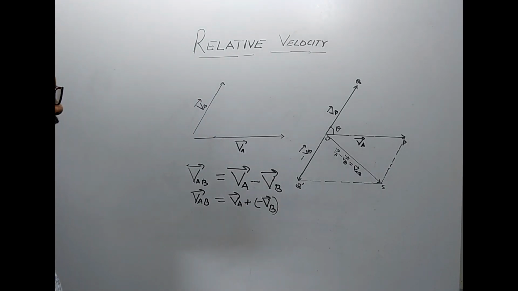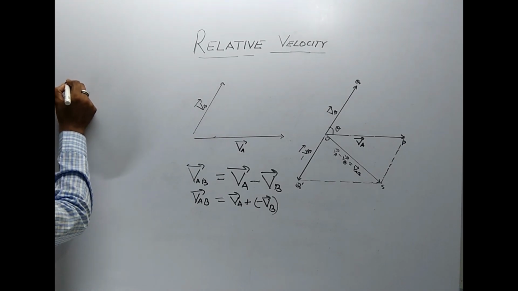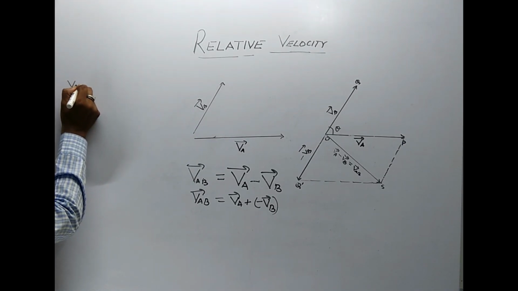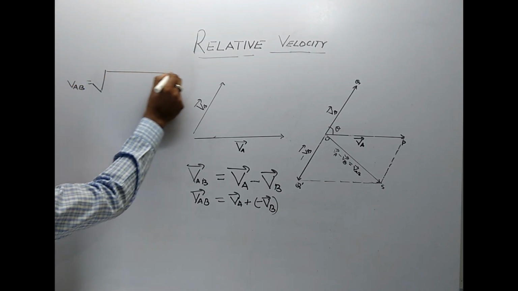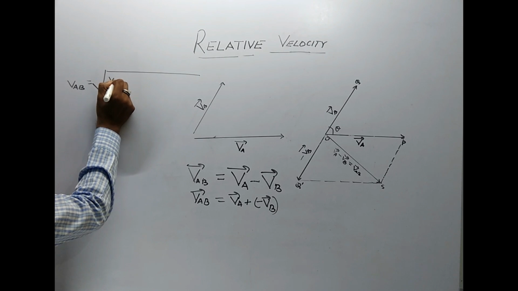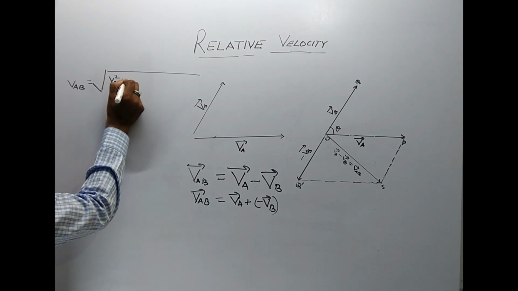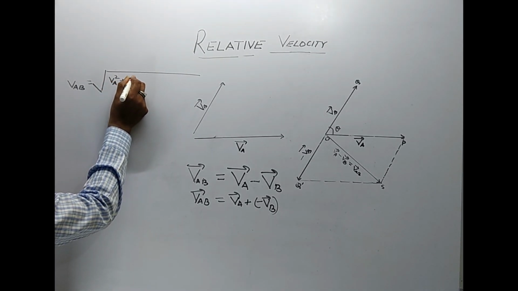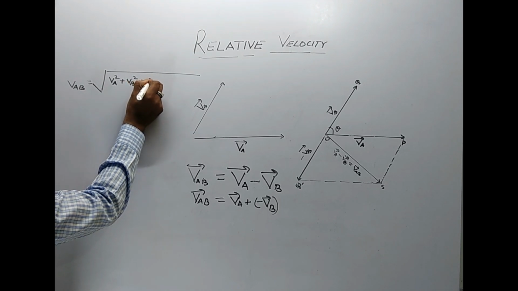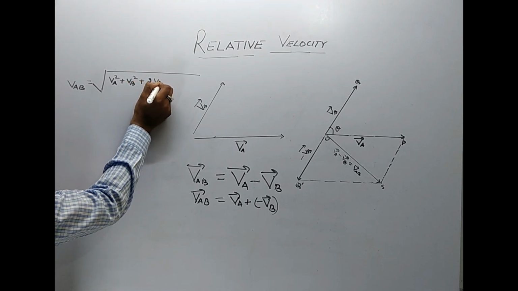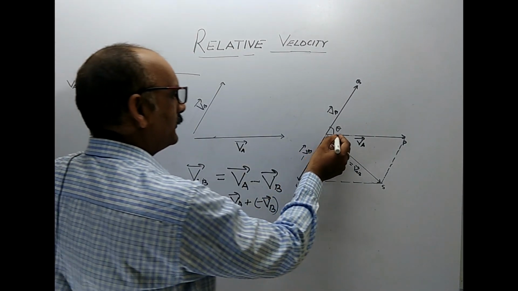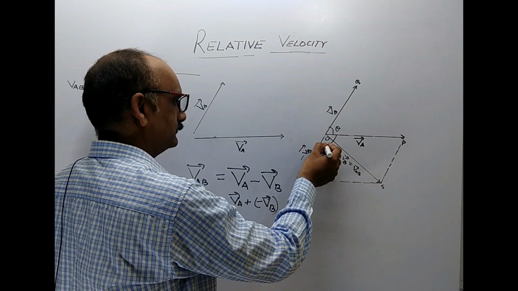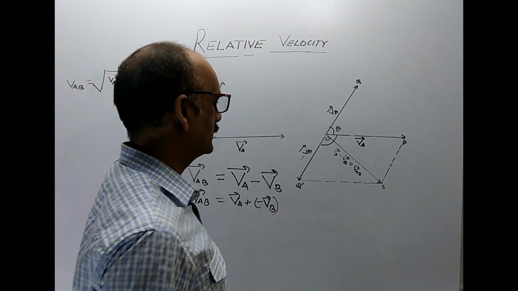Right? Now, VAB equals under root VA square plus VB square plus twice VA VB cos of the angle between these two vectors.